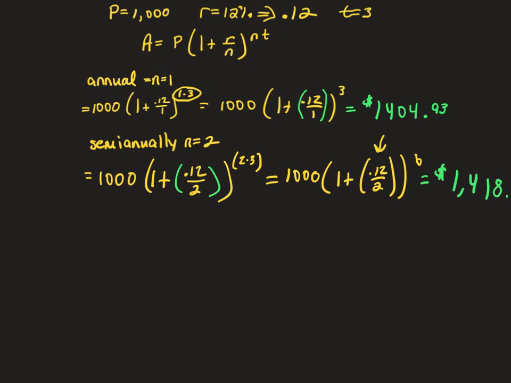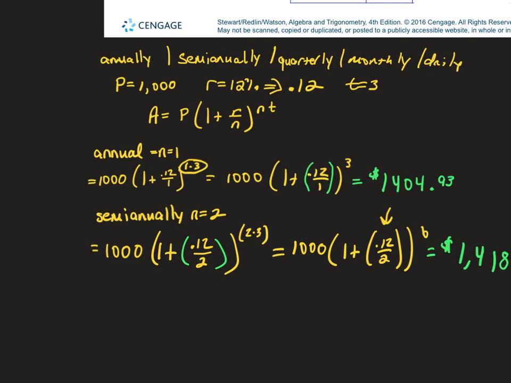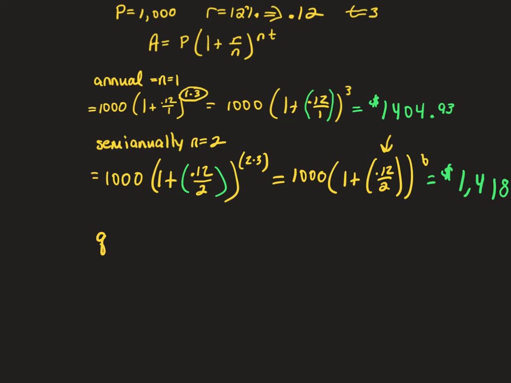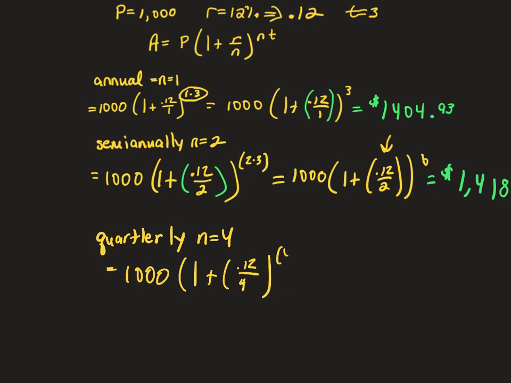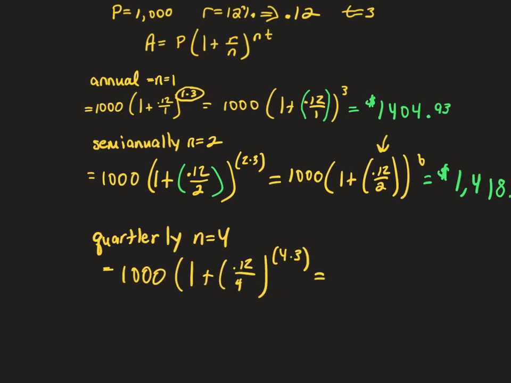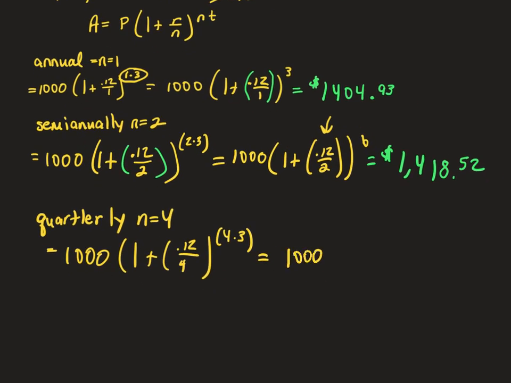All right, so now I'm going to work it out again. We did semi-annually, we did annually, so now we're going to do quarterly. So the only thing that changes here is N equals 4 in this case. So I have 1,000 times 1 plus 0.12 over, instead of 1 or 2, it's over 4 this time. And then I raise that to the 4 times 3 power. 4 times 3 is 12, so raise that to the 12th power.